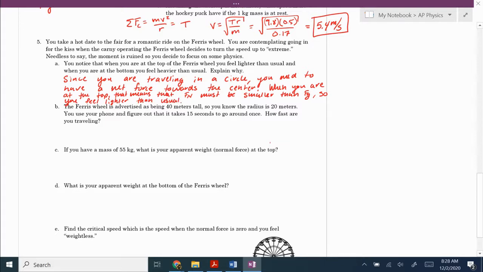So there you go. Something to that effect should be good. Basically, you just need to be talking about the fact that the normal force is smaller than gravity.